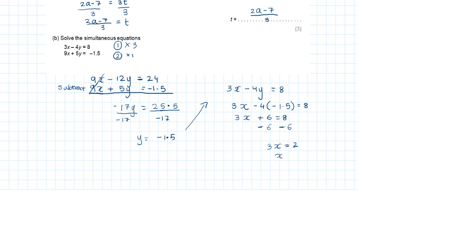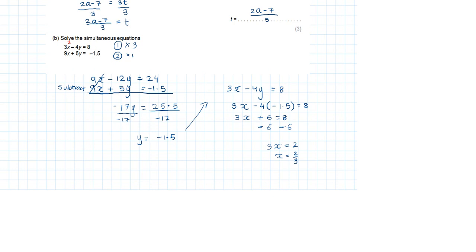Now I need to check my answer if it works. So 3x would give me the value 3 times 2/3 is 2. Minus 4 times minus 1.5 is plus. So 2 plus 6 is equal to 8. It works here.